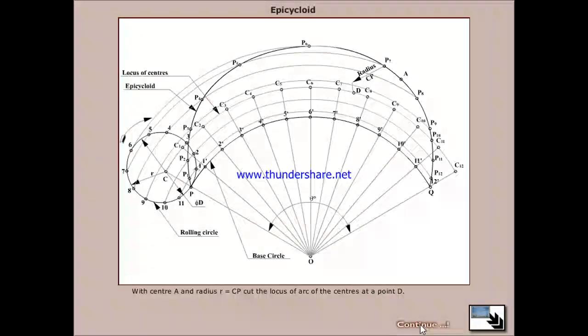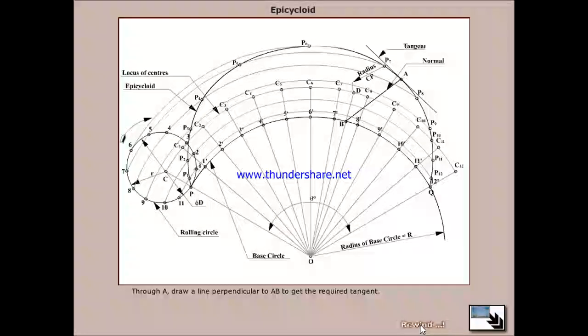With center A and radius r equal to CP, cut the locus of centers arc at a point D. Connect DO, which intersects the arc of the base circle PQ at B. Now let us join AB, the normal. Through A, draw a line perpendicular to AB to get the required tangent.